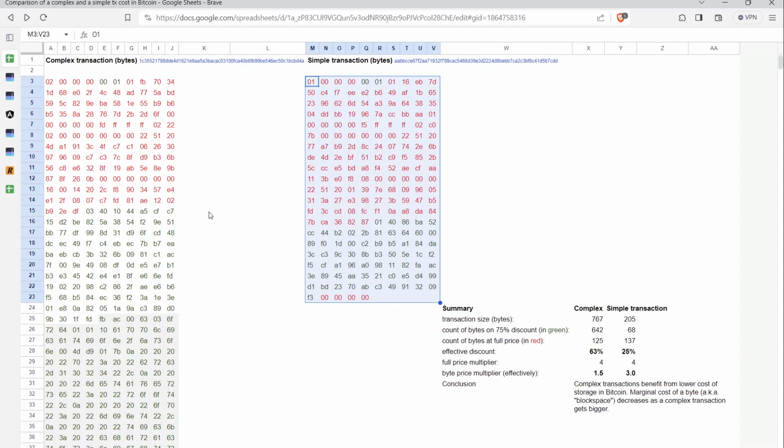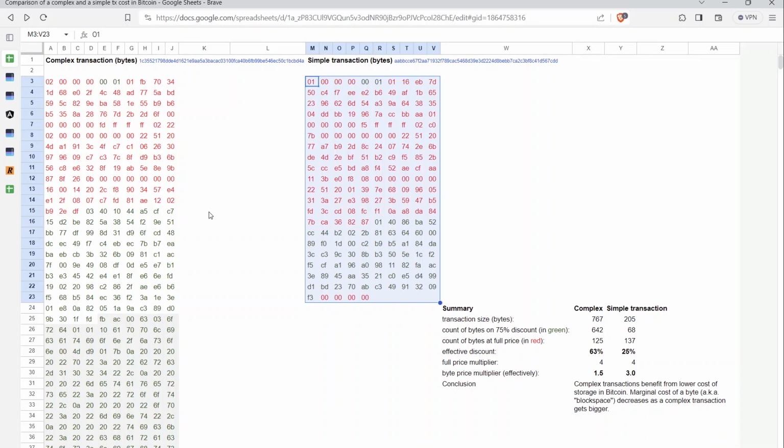And what's even more, if you make a simple transaction, you don't have the same privilege to extend the block size.